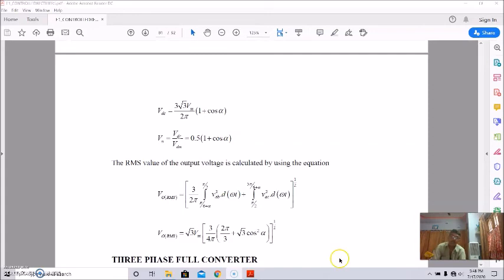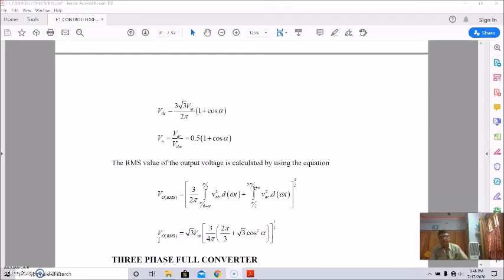The RMS value of output voltage VO RMS equal to 3 by 2 pi, integration over pi by 6 plus alpha to pi by 2 of VAB square d omega t plus integration over pi by 2 to 5 pi by 6 plus alpha of VAC square d omega t, and that will come to the result of the output RMS value: root 2 Vm, root of 3 by 4 pi twice pi by 3 plus 3 cos alpha, to the power half.